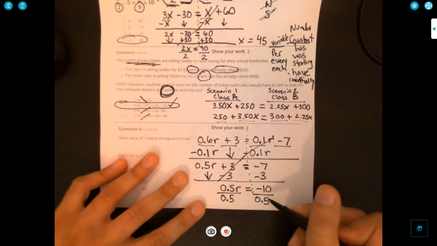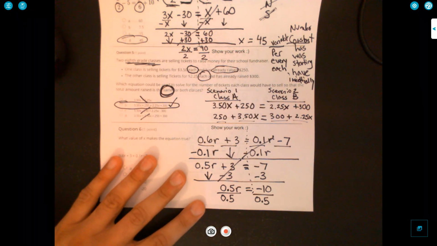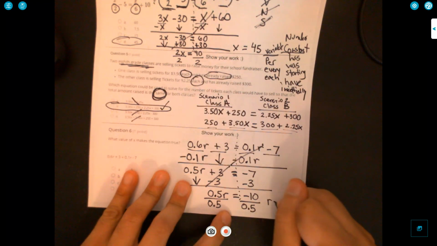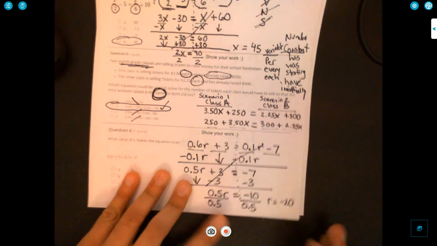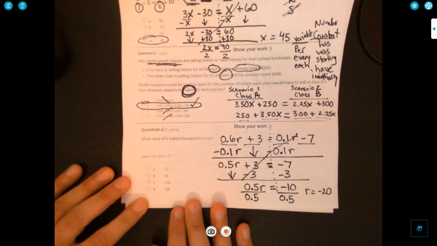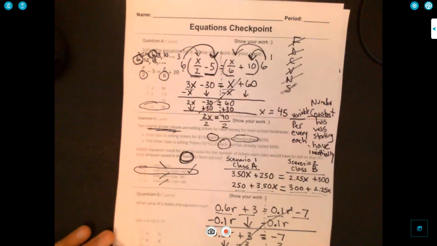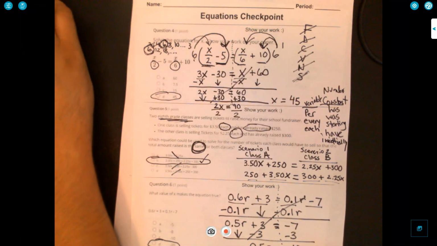So negative 10 divided by 0.5, you get r equals negative 20. So it's just a matter of typing everything correctly on the calculator as well. So negative 20, so D is going to be the correct answer. And that's the equations checkpoint.